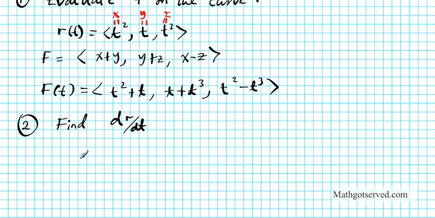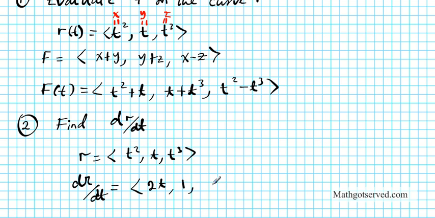We know that the position function using my coordinate notation for vectors is t squared, t, t to the third. So for dr/dt, we're just going to do term by term differentiation. The dr/dt is simply going to be 2t, comma, derivative of t is just 1, derivative of t to the third is 3t squared. So there goes your dr/dt.